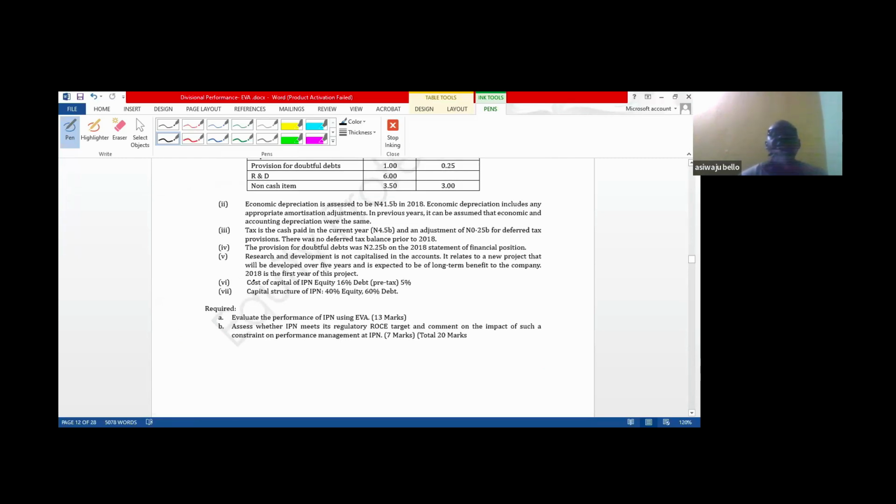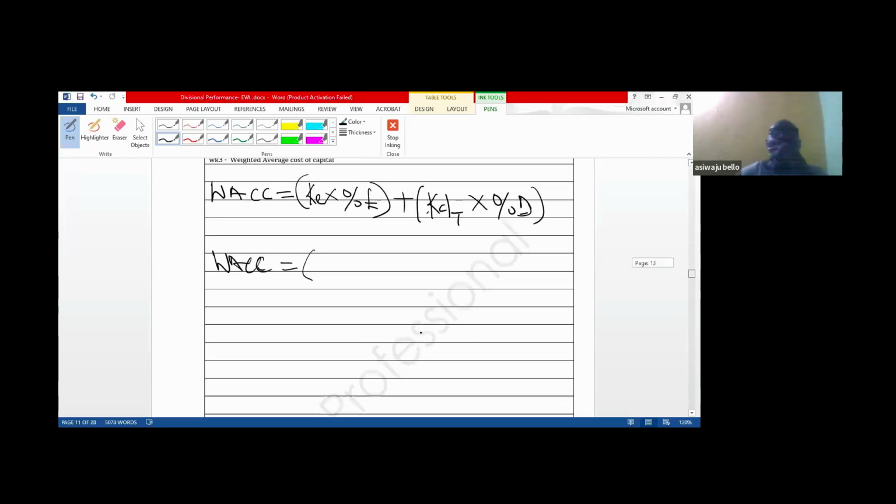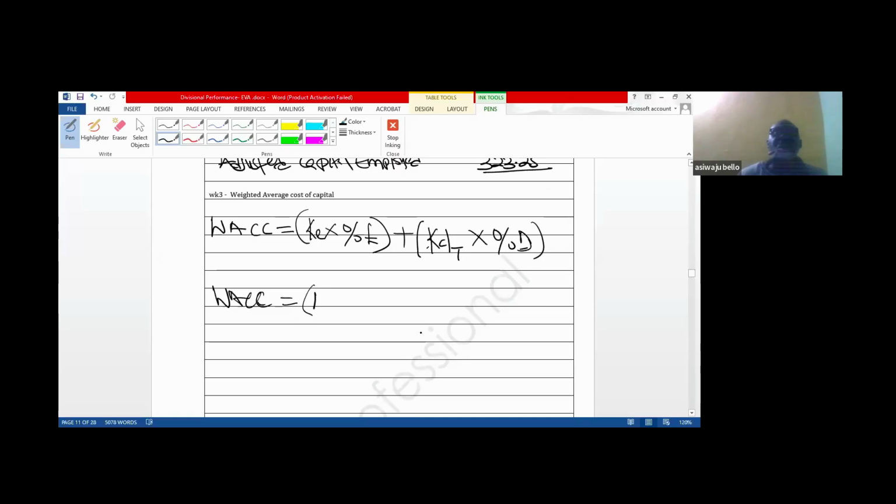Cost of capital of IPN: equity 16%, debt pre-tax 5%. Capital structure: equity 40, debt 60. You can remove the percentage sign, just pick 16.